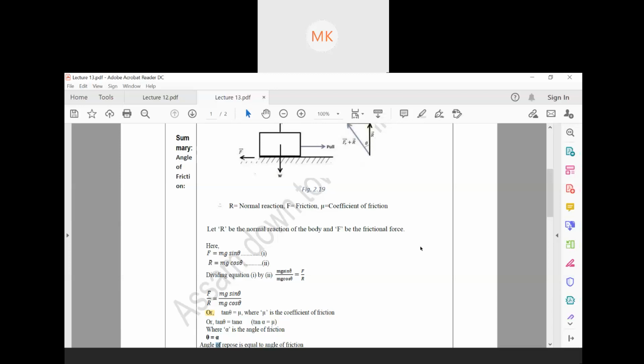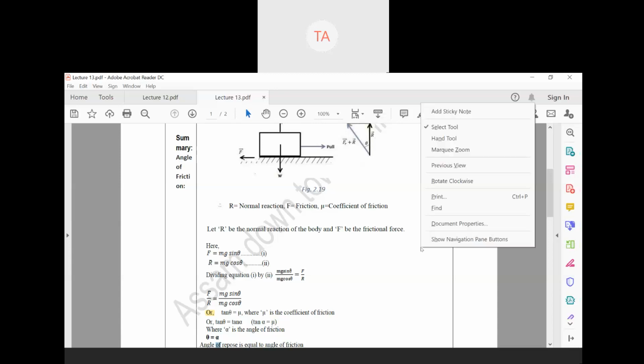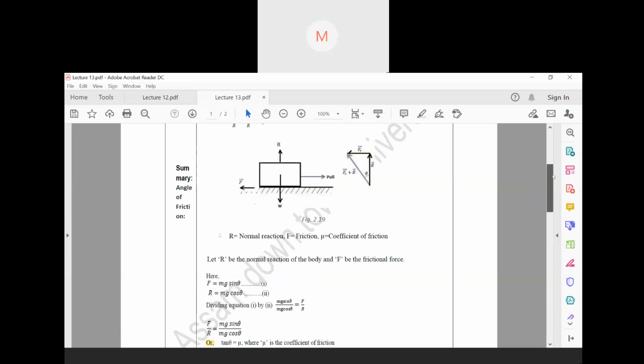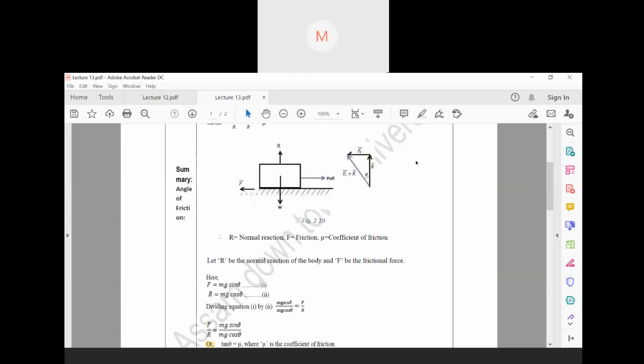Sir, according to the diagram, that means when the area is increased, the object is bigger, then the angle will be larger. No, it is not dependent upon the object or the area. This is just dependent upon the resultant, what angle the resultant is making.